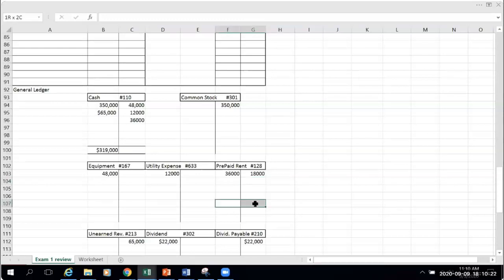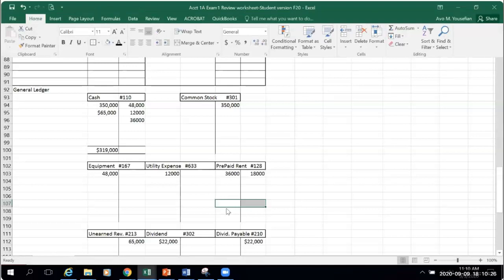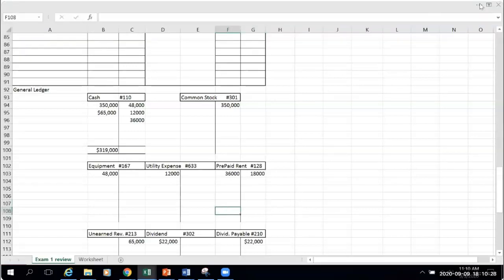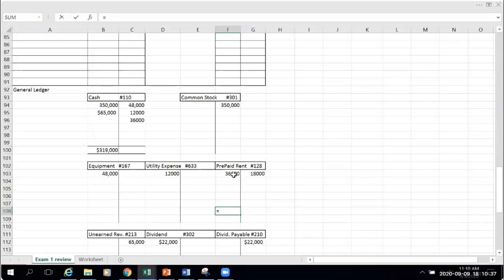The balance in the prepaid rent, so let's draw a line. And say equals to debit side. Asset is always normal balance debit, right? Asset, normal balance debit.